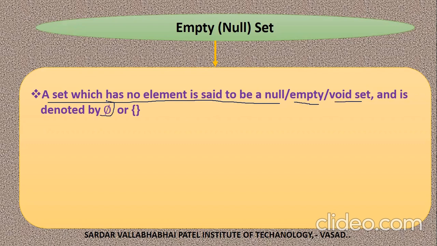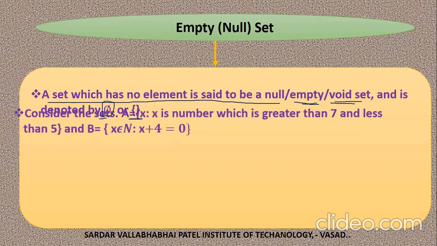This is the symbol phi, or the symbol of the null set is curly brackets with no element inside.